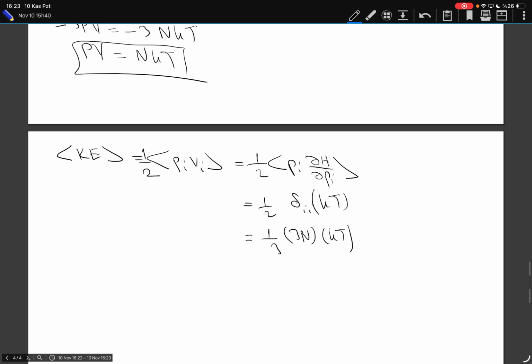Well, what about the potential energy? For the oscillator system, let's say. Well, this will be 1 over 2... U is 3N and, sorry, this is 2.